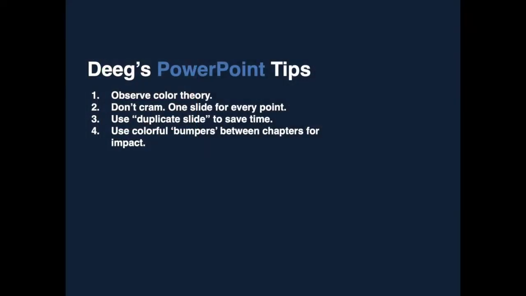I use colorful, what we might call bumpers or chapter headings in between groups of information, just as a color interruption. It's like a palette cleanser. So if I have a group of slides that are establishing a certain point and I'm going on to another subject, I'll use a color to really bump that and separate those things.